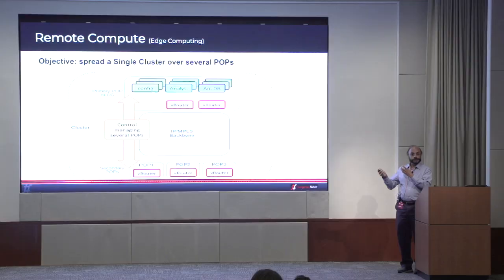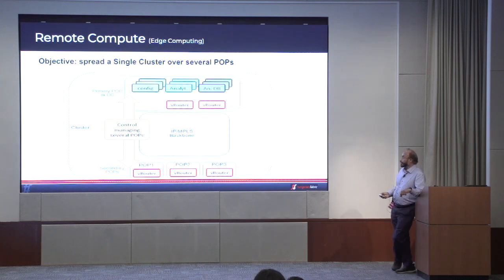Remember in the very first slide I said it doesn't matter where the VRouters are, where the hypervisors are. Essentially I'm taking that concept, putting an envelope around it, and calling it a POP. Now I can place these POPs anywhere as long as they have connectivity through the MPLS backbone.